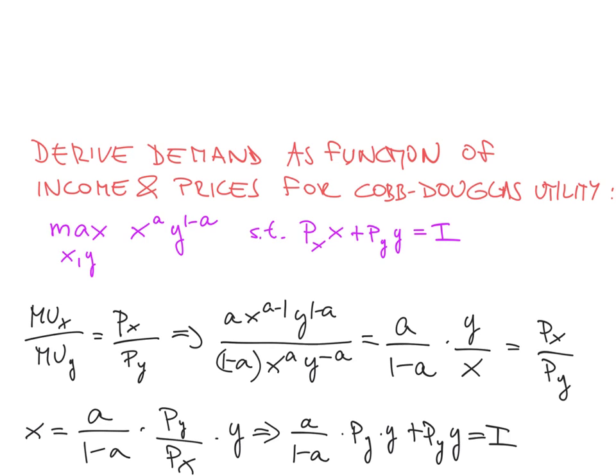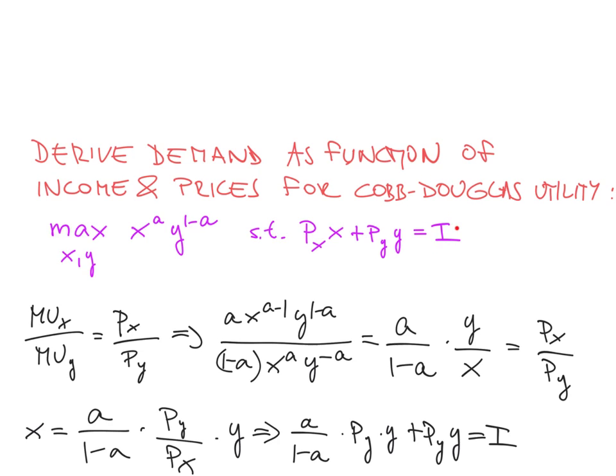That would be a far more general approach, and it's very well within our reach. All we need to do is, when we solve the utility maximization problem, we leave the price of x as a variable, but we also leave the price of y as a variable, and we leave income as a variable.